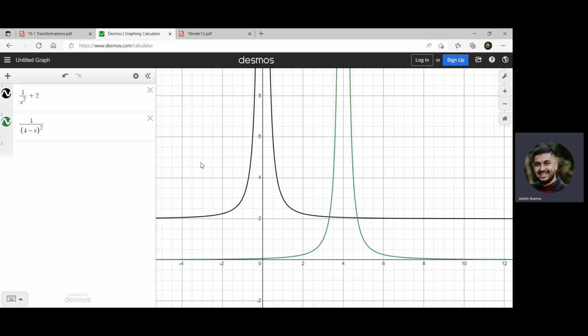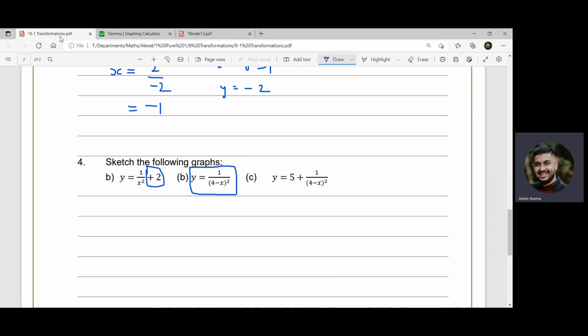First of all, it'll be really important for us to find out where this graph does not exist. So I look at the denominator, and I think to myself, what number, if I substitute it into the denominator, would not give me a y value?